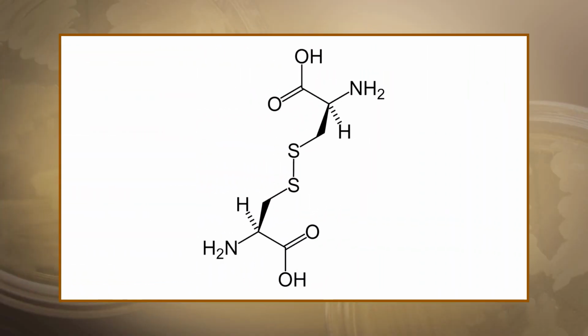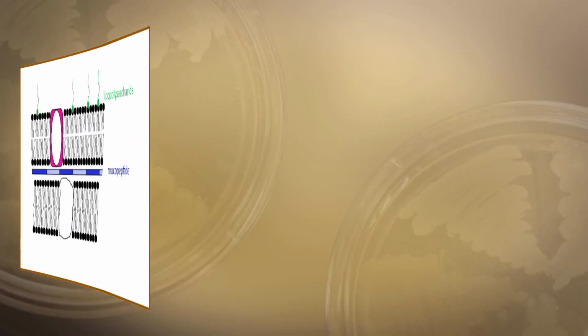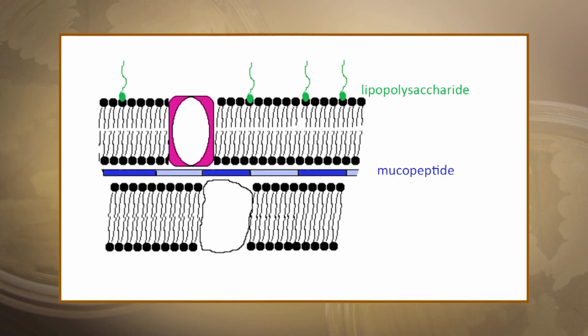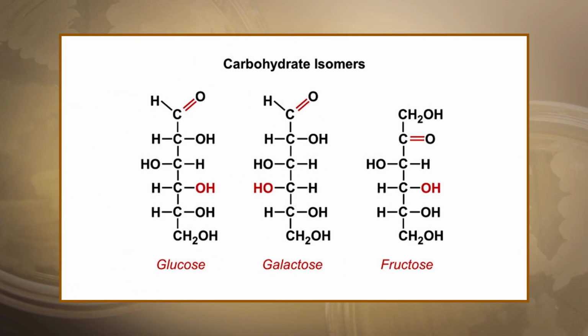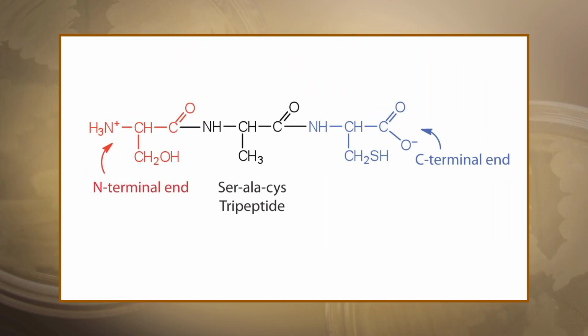Exosporium is a loose outer covering which is present only in some cases. Spore coat is hard and resistant. It is made up of keratin-like disulfide-rich proteins. Cortex is a thick layer formed of mucopeptides and carbohydrates. Core wall is rich in proteins. It is also called inner cortex.